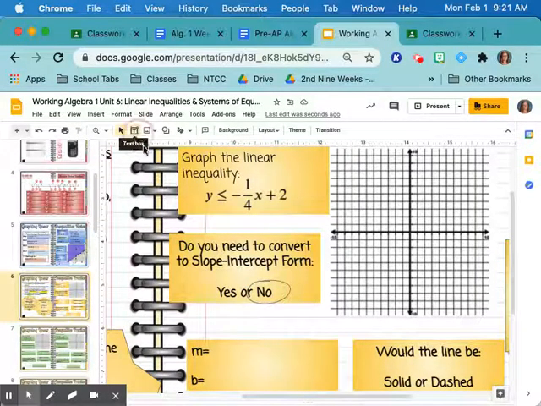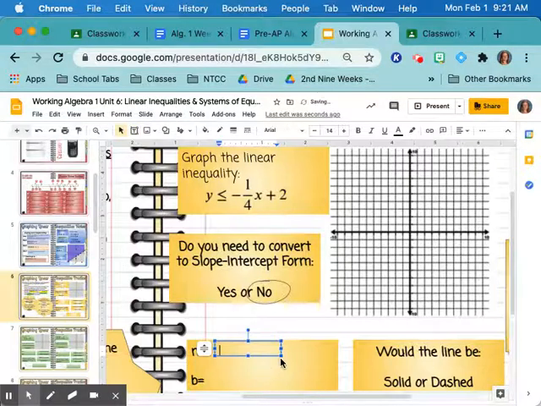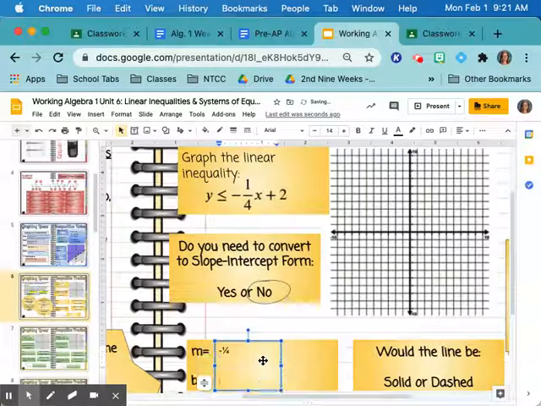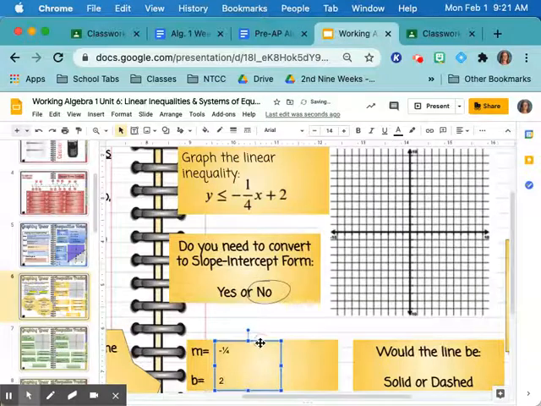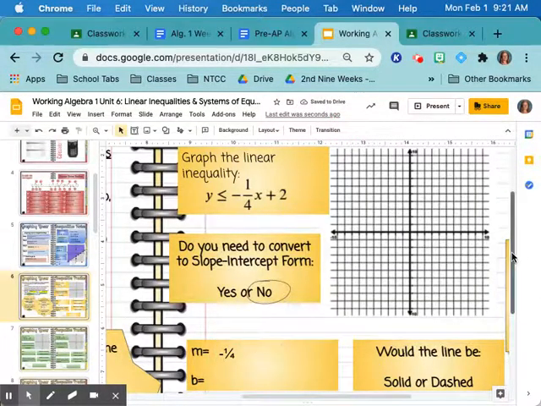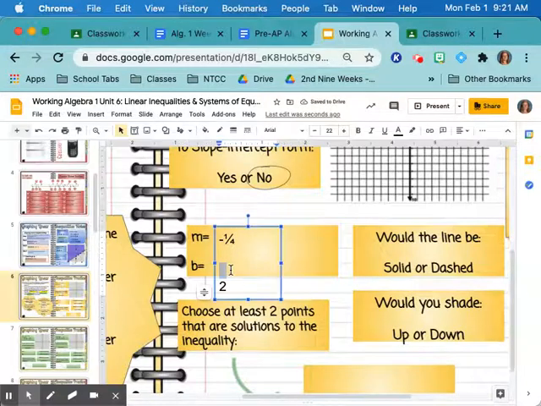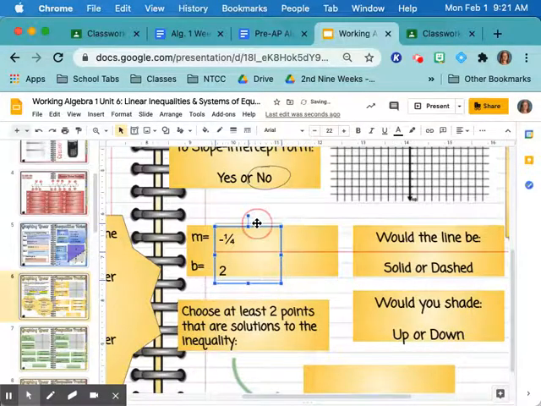M, what is our slope? Negative 1/4. And what is our B? Positive 2.